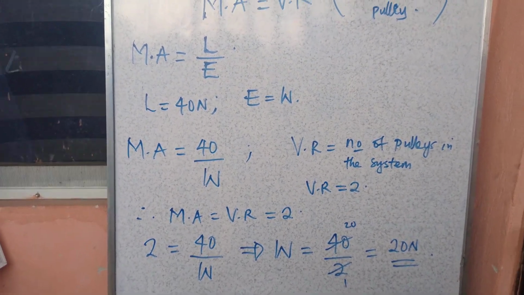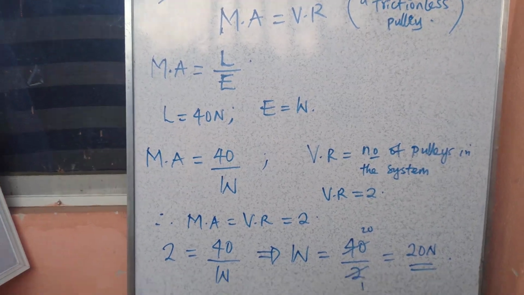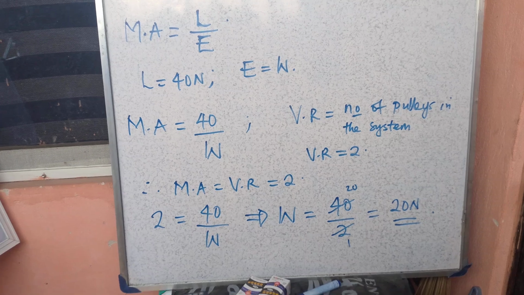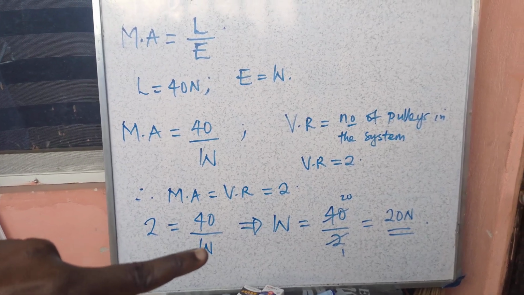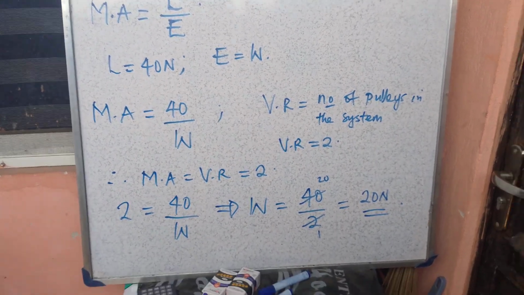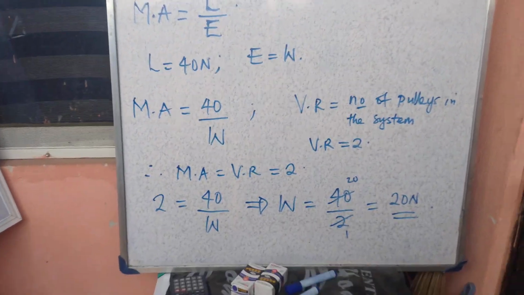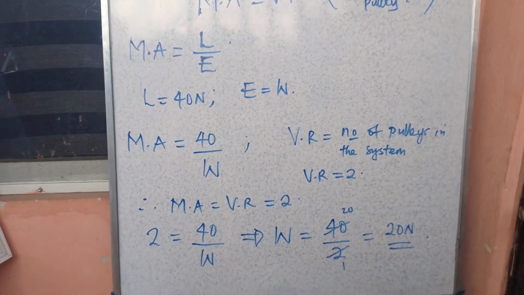Now if I substitute that in place of mechanical advantage, I write 2. That is 2 is equal to 40 divided by W. I will then interchange position: 2 will come down, W will go to the other position. That is W is equal to 40 divided by 2, which gives me 20 Newton. That is the effort applied. W is 20 Newton. Okay.